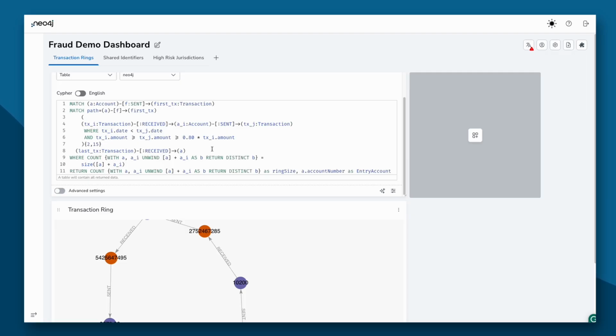It's kind of funny to think of it as a fee, but criminals are charging a fee to launder money. Ultimately, we're looking for 2 to 15 steps, so we're looking for rings that comprise 3 to 16 transactions. We've got the first transaction followed by 2 to 15 more. And finally, we have a little bit of code here at the end to make sure that we're not seeing duplicates.